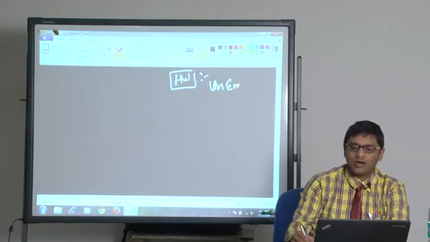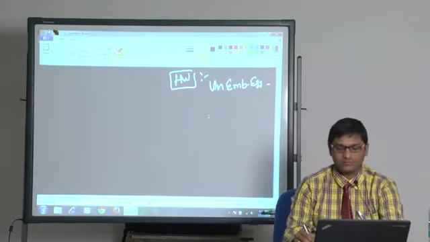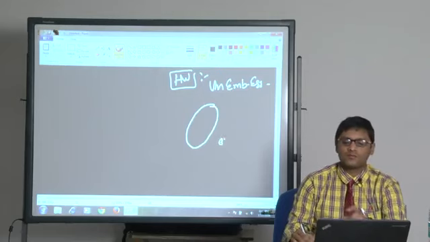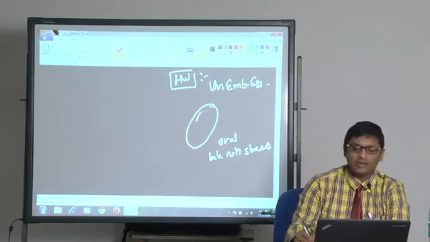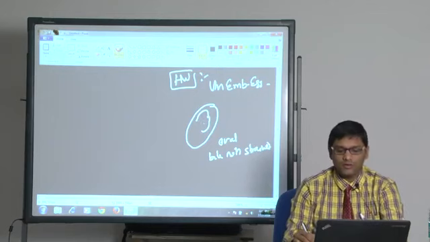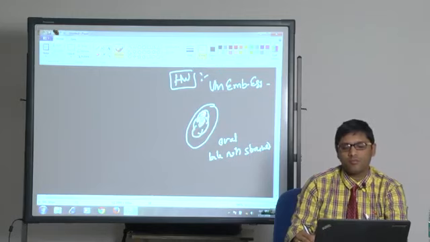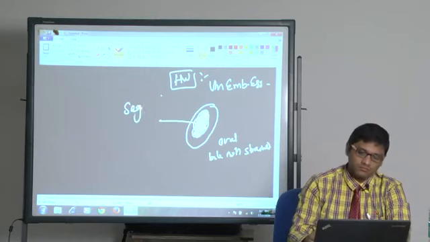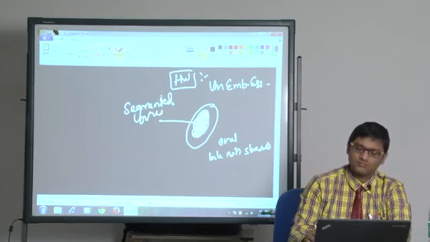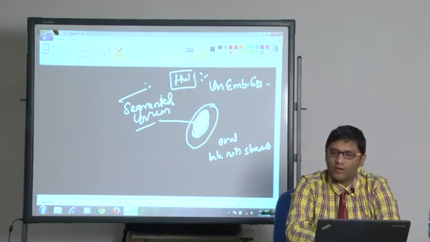Hookworm will produce an unembryonated egg which is described as oval, bile non-stained, and initially the ovum is segmented. Segmented ovum.